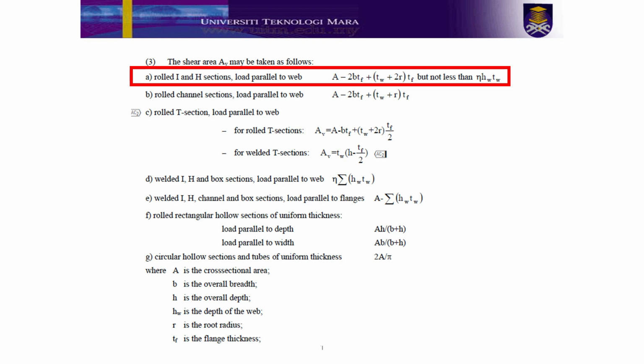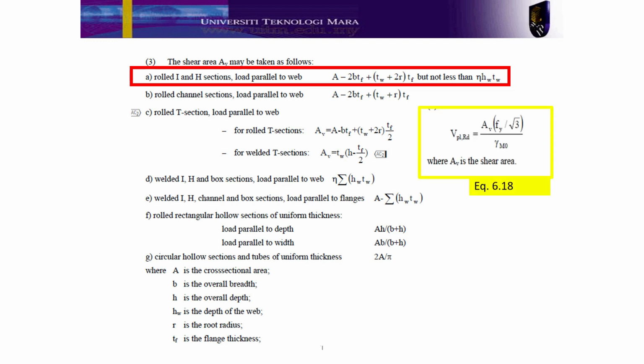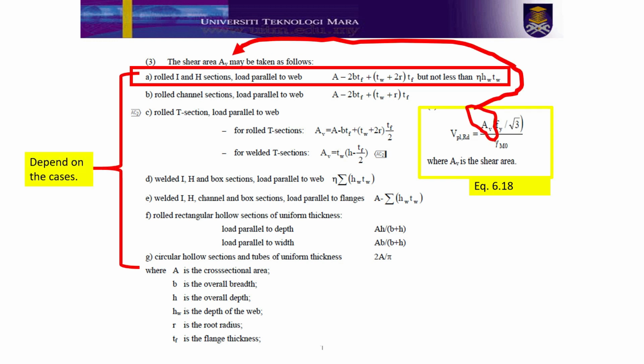The design plastic shear resistance, VPL,RD, given by equation 6.18, where AV is the shear area given in clause 6.2.6(3). The shear area is calculated depending on the cases given in A, B, C, D, E, F and G. In our case, the beam is categorized under case 3A, that is rolled I and H sections, which is load parallel to web.